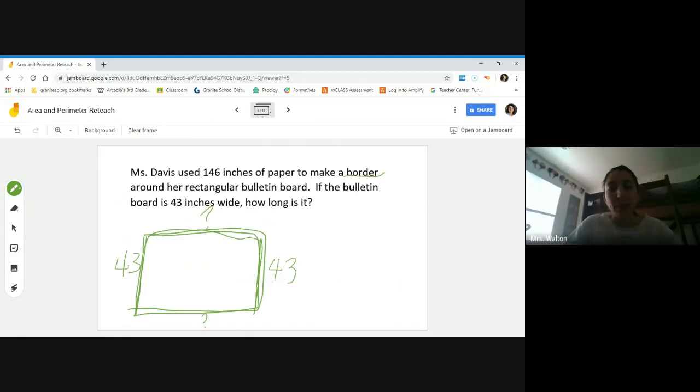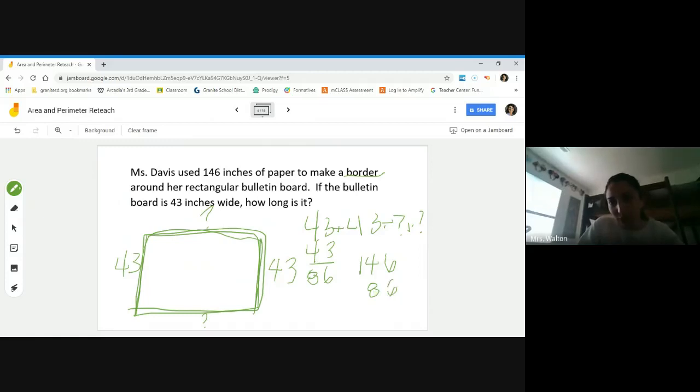So finding perimeter, you're going to add, because what this is saying is 43 plus 43 plus something equals 146. So in order to figure out that something, I'm going to add my 43 and 43, and I get 86. So I'm going to take away 86 from 146 because that will get me closer. And I get 60 as my answer.